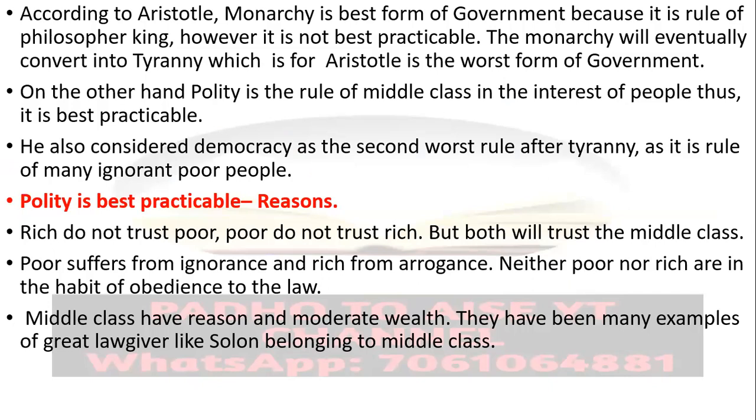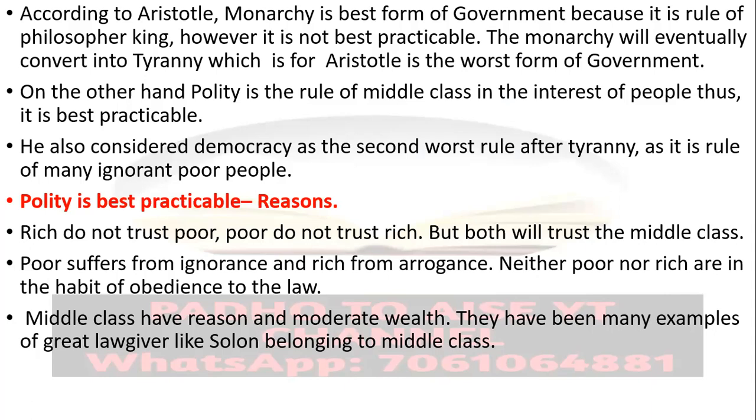If there is the rule of one person, that person will become corrupt gradually, and in the span of time, monarchy will turn into tyranny. It is inevitable. It cannot be stopped. It has to be. Why?